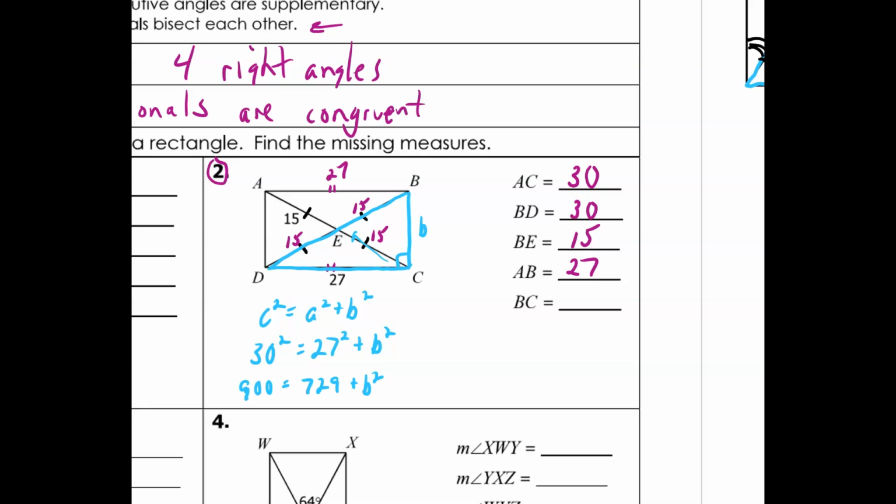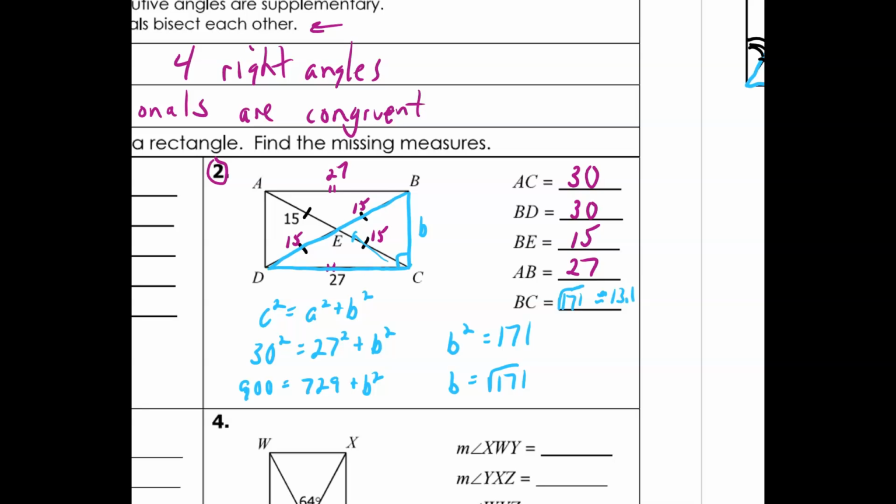Subtract 729 from both sides, and you get b squared equals 171, and then b is the square root of 171. You can either put it like that, or you can put it in your calculator where you'll see that it's approximately 13.1.